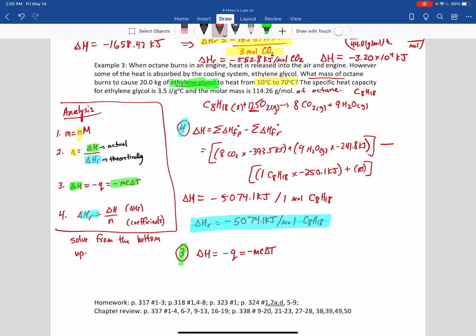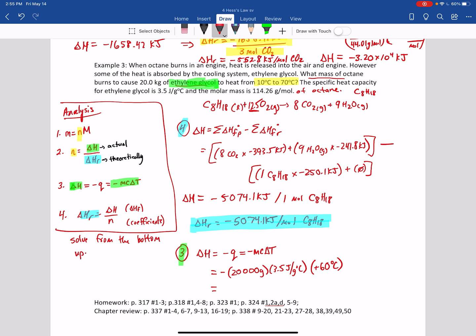We're told that they're ethylene glycol, so that means we have to use the mass, heat capacity, and temperature change of ethylene glycol. So 20,000 kilograms is 20,000 grams. Its heat capacity is 3.5 joules per gram degrees Celsius. And its temperature change from 10 to 70, it increased 60 degrees Celsius.